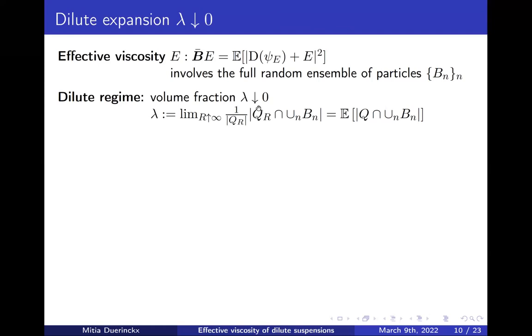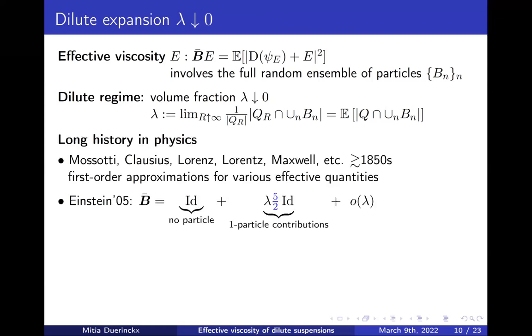This is actually a very classical type of question in physics. It was already being considered in the 1850s by many people in physics. Essentially, it was the time when people were trying to derive phenomenological laws to describe the physics of continuous media.